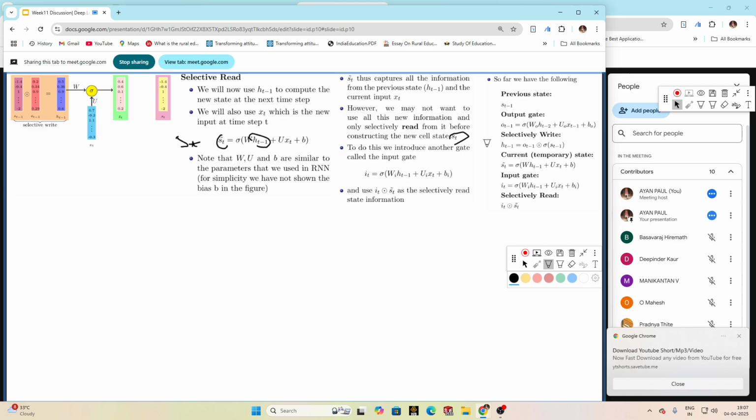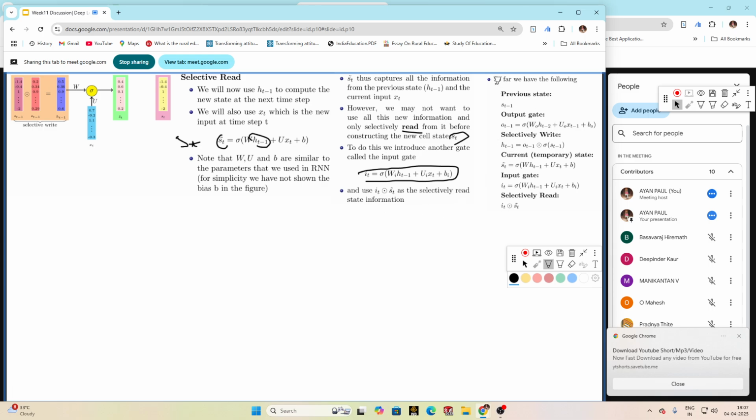So in this step we need to selectively read. How will we do that? With the help of the input gate. This is the formula of the input gate, and with its help we can selectively read the state.